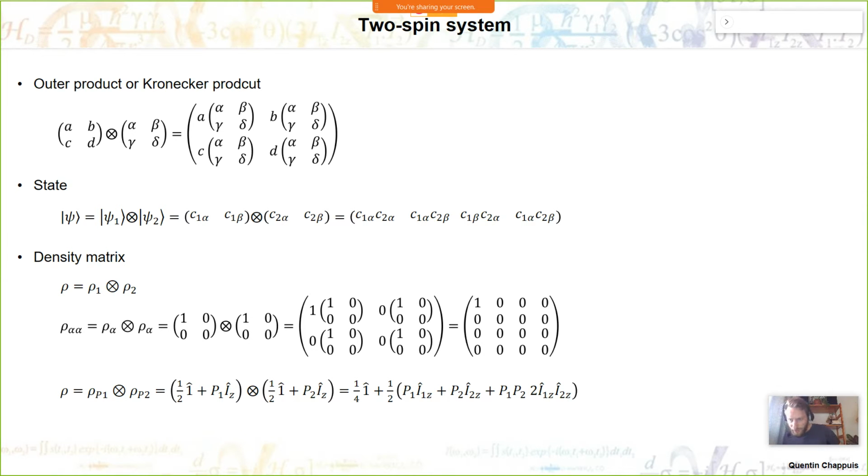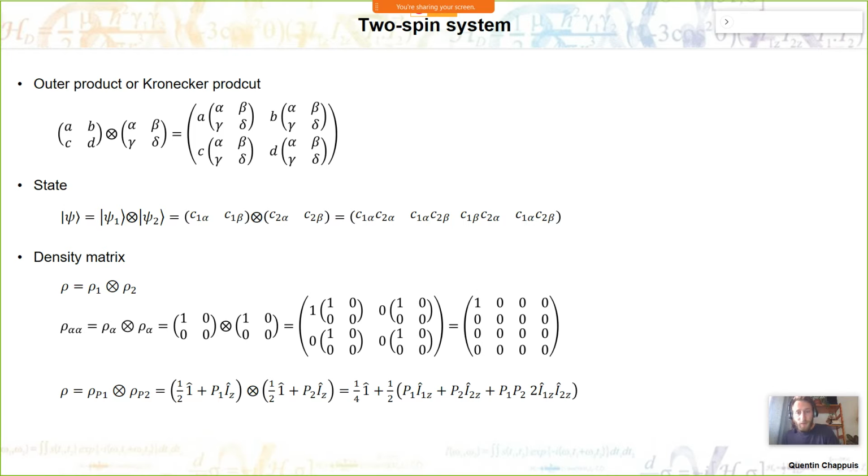And more generally, if I want to represent the density matrix for 2 spins with polarizations P1 and P2, here I've used the expression that I've shown on the previous slide, which is the density matrix for particle 1 with polarization 1, and then on the right of the outer product, the density matrix for spin 2 with polarization 2.